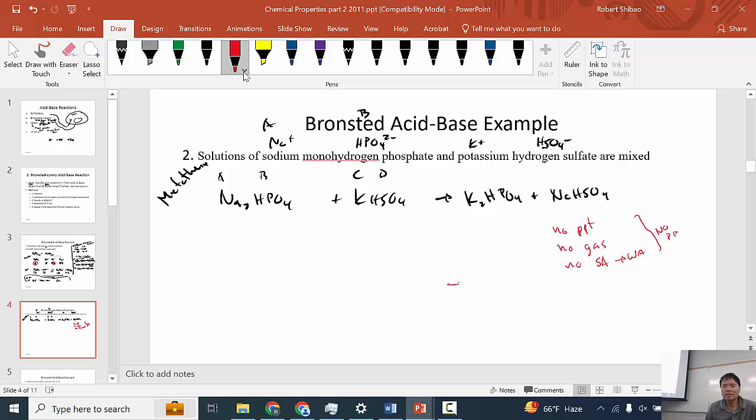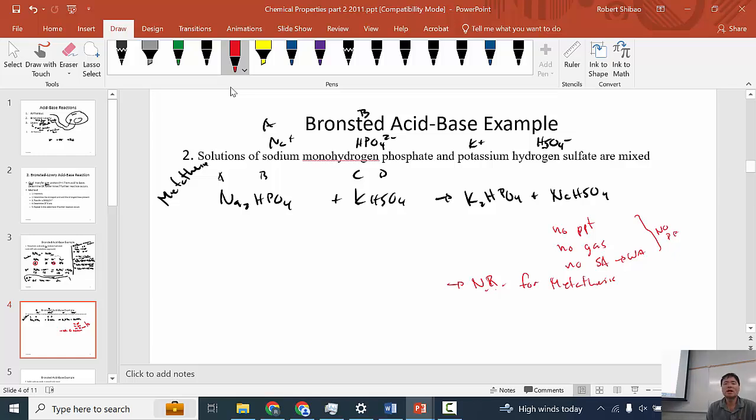And so what we say is that there's NR. NR means no reaction. However, there is a reaction. It's just not metathesis. So what we should say is no reaction for metathesis. And so what is the reaction that occurs here?